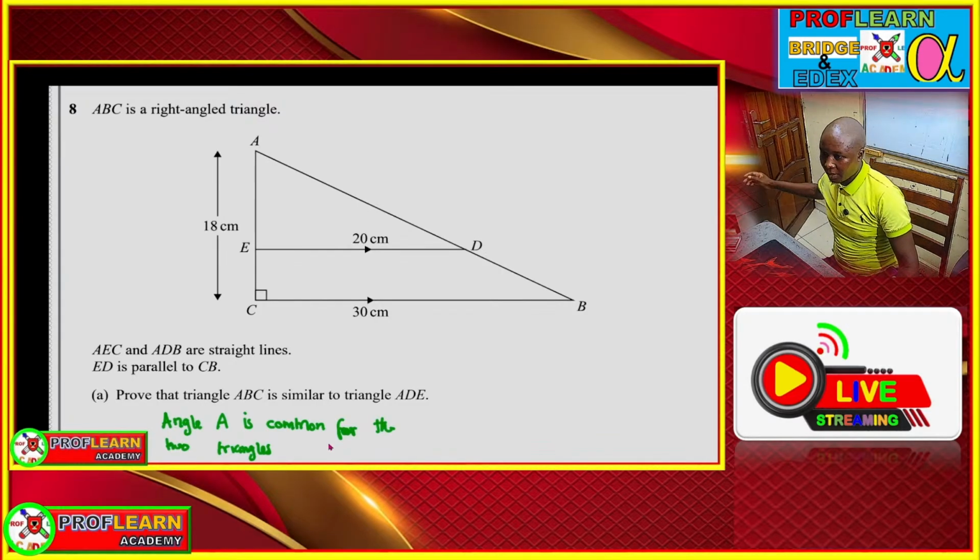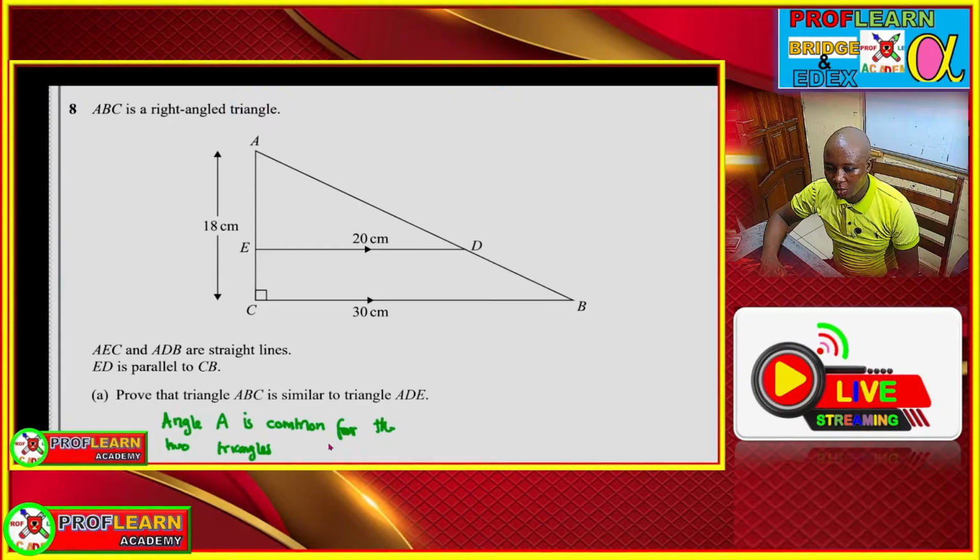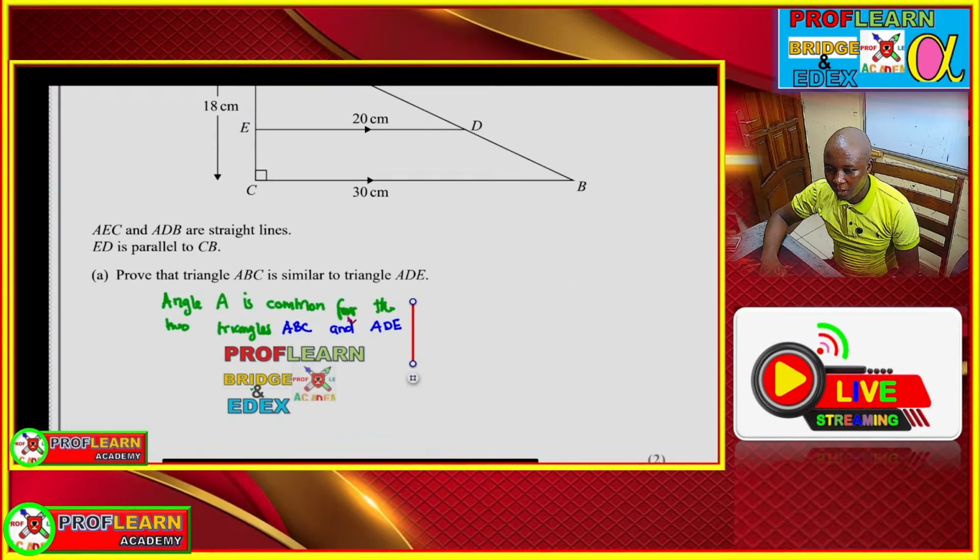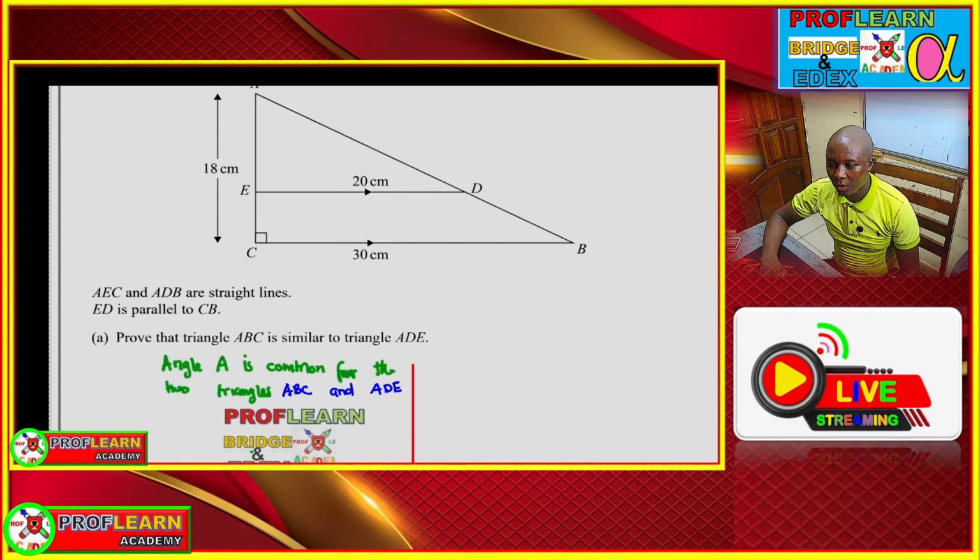So for that reason, in the two triangles ABC and ADE, we have a common angle, which is angle A. Then we also look at angle B and angle D. We can say angle EDA is equal to angle CBA.